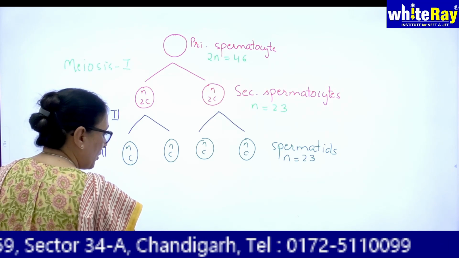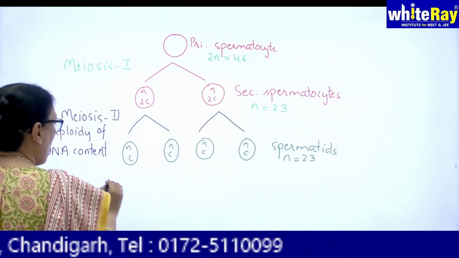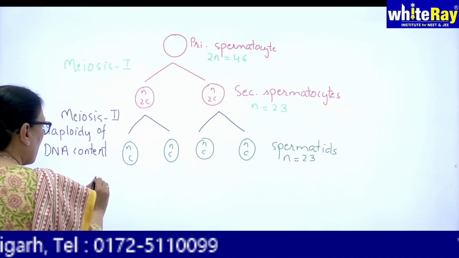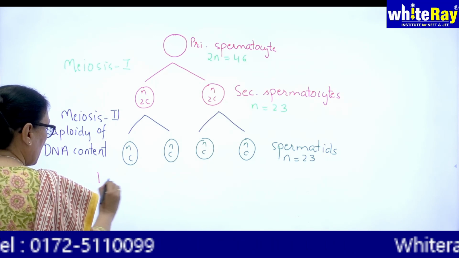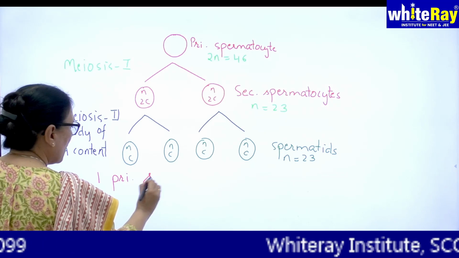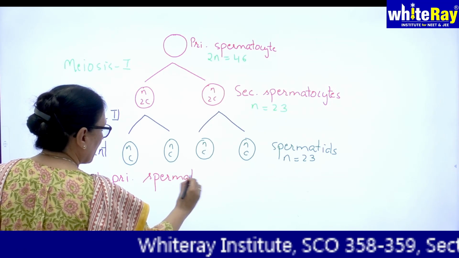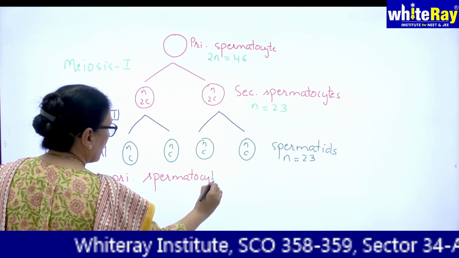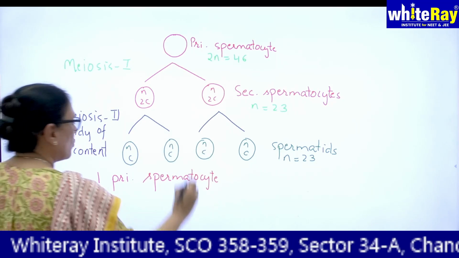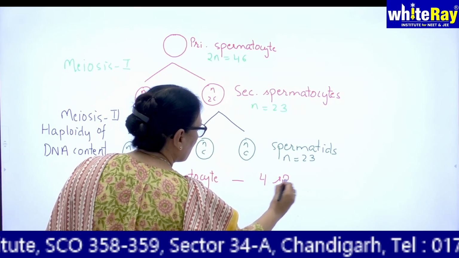The important point here is that one primary spermatocyte gave rise to 4 spermatids.